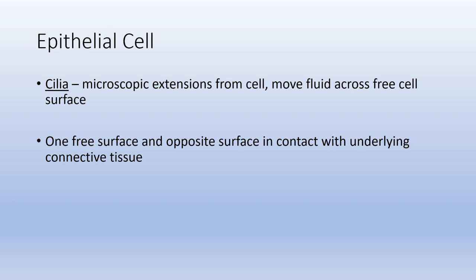In the respiratory tract, we see this where it's moving that phlegm that traps particles to keep particles from getting down into your lungs. So epithelial cells tend to have one free surface, and then the surface opposite of that is going to be in contact with underlying tissue, which is usually connective tissue.